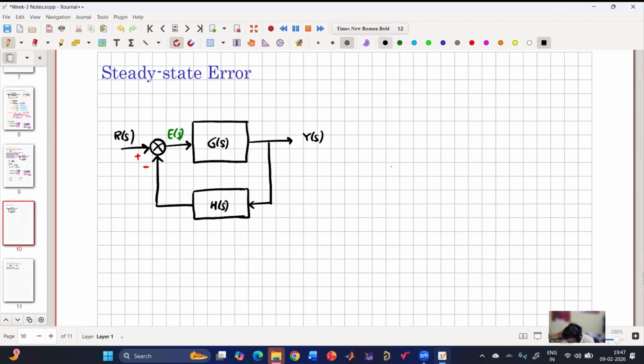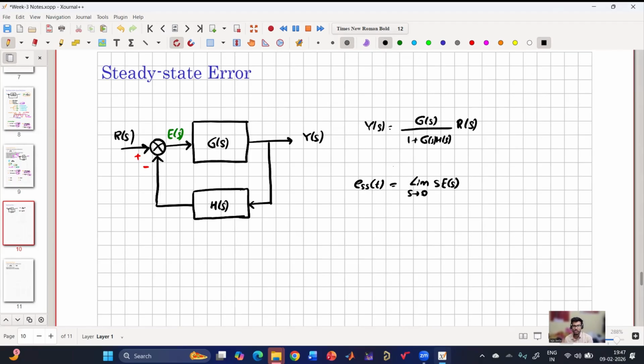So now we know Y of s is nothing but G of s by 1 plus G of s H of s into R of s. And we know that error e of t as t tends to infinity is nothing but limit s tends to 0, s into E of s. Agree, everyone? I am applying the final value theorem.